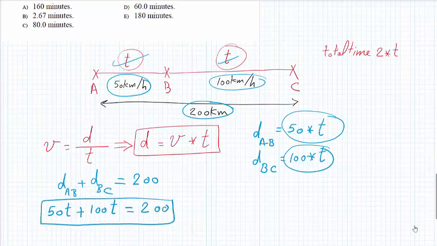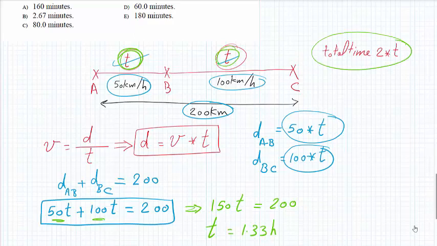If we solve this equation, we can find the time T. We can add both together: 50 plus 100 gives you 150 times T equals 200. So we can find the time T. 200 divided by 150 gives you 1.33 hours. So this is the time for the first part and also the time for the second part.